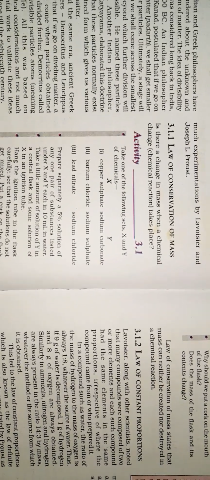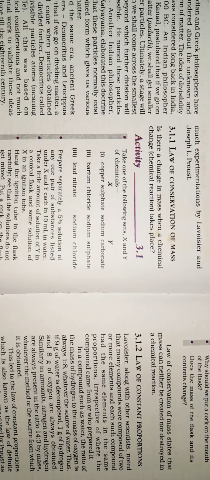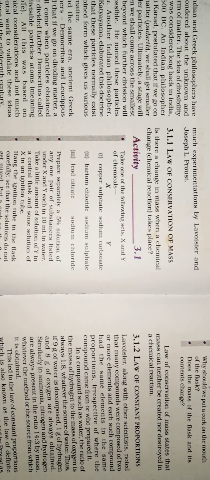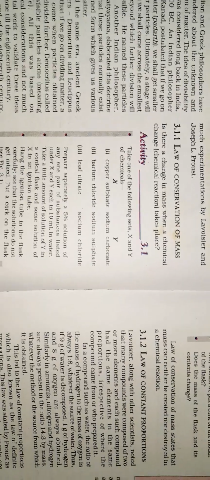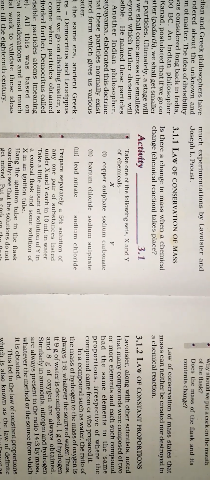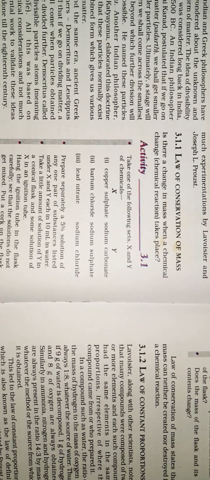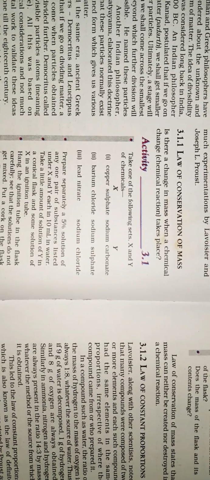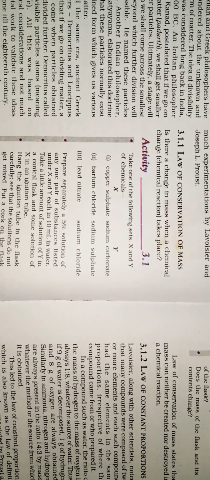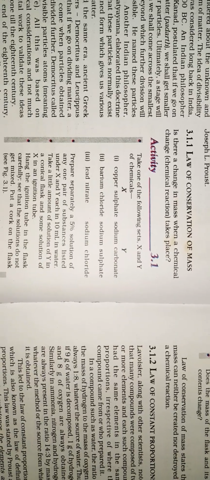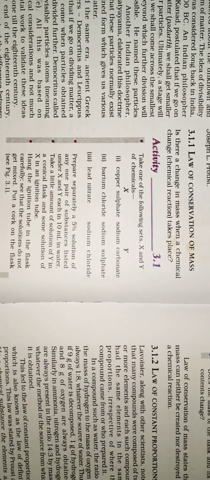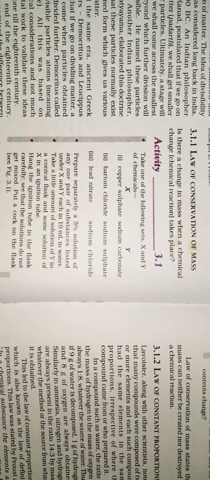First we have to prepare separately a 5% solution of any one pair of substances. For example, either copper sulfate or sodium carbonate, or barium chloride or sodium sulfate, or lead nitrate or sodium chloride. So any one solution we have to prepare at 5%, any one pair of substances listed under X and Y in only 10 ml of water.